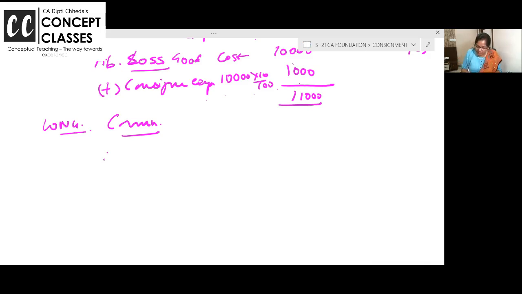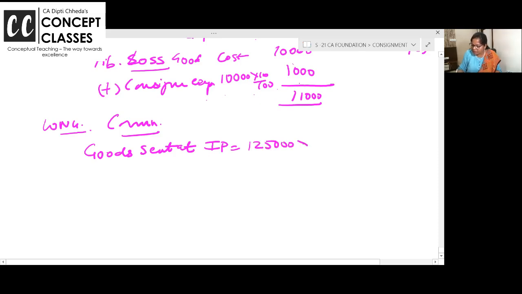How many goods have we sent? Goods sent at invoice price: 125. Goods worth 125 were sent. 75% sold at invoice price.